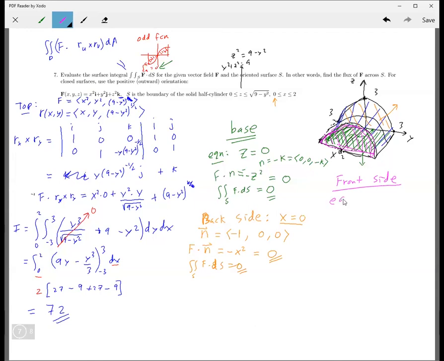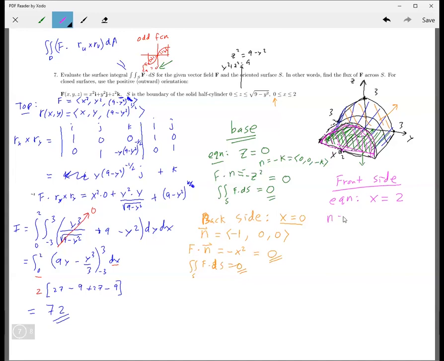What's the equation for the front side? X equals 2, because that's where x is 2. Whereas the back one is x equals 0, this is x equals 2.